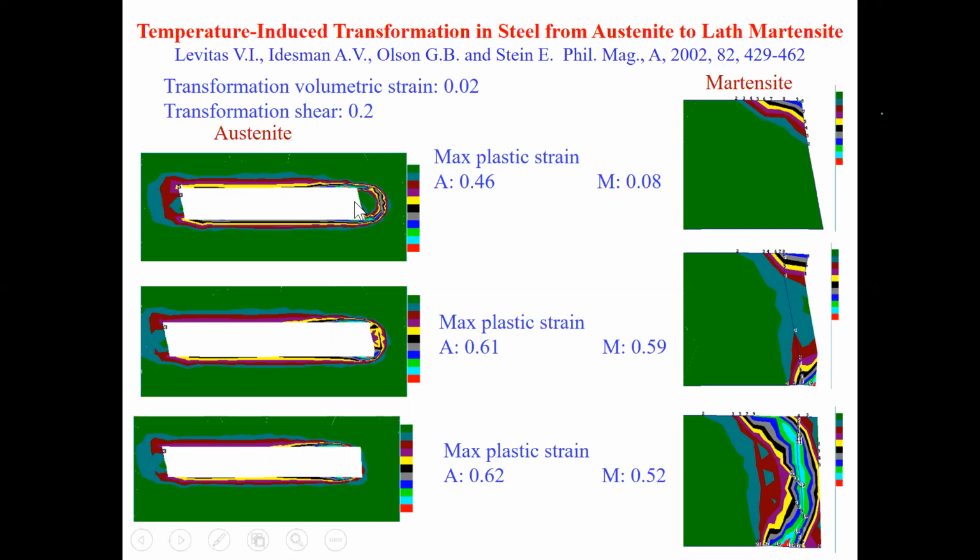But then the interface moves and inherits plastic deformation. And you see now plastic strain reaches 60%, both in austenite and martensite, and you see how strong the deformation is. It practically restores this 20% shear, but local deformation is 50–60%.